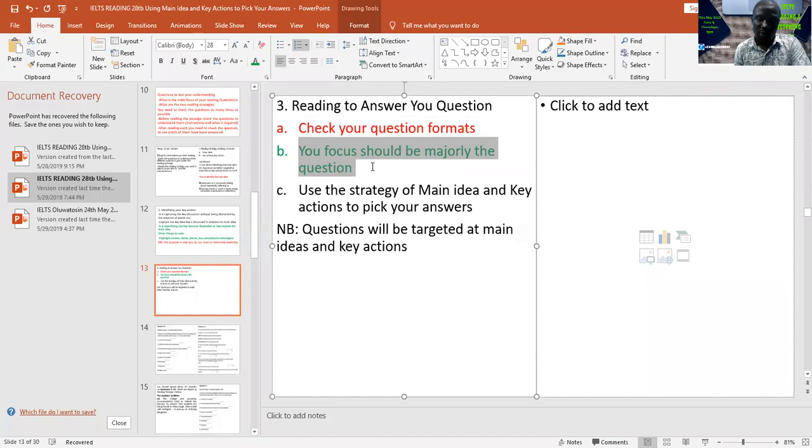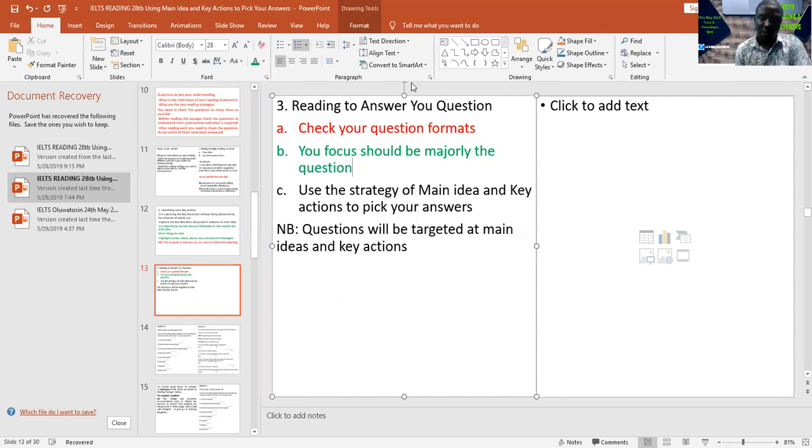How do you do that? Every time you read a paragraph and you've sorted out the main idea or key actions, you need to properly go to the questions to see which question can be answered through that paragraph.